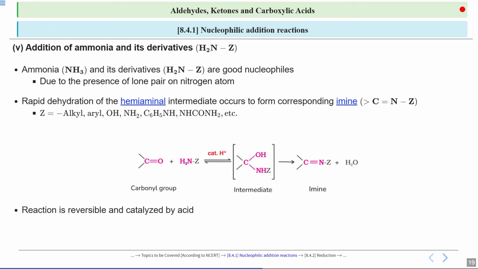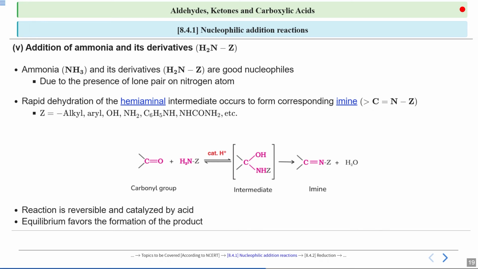Now, it is important to note that this reaction is reversible and it is typically catalyzed by an acid. The acid helps you speed up the reaction. But despite being reversible, the equilibrium of this reaction tends to favor the formation of the imine product.